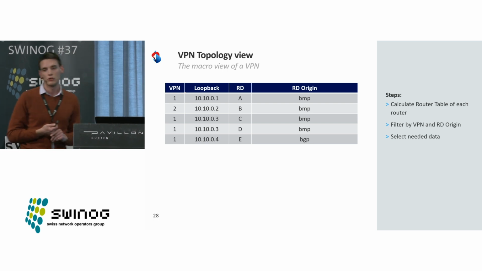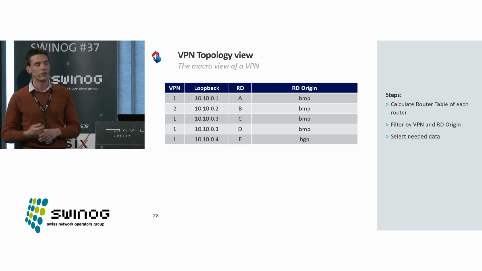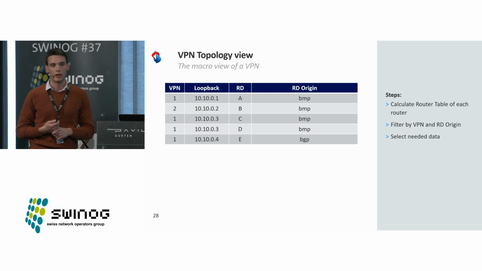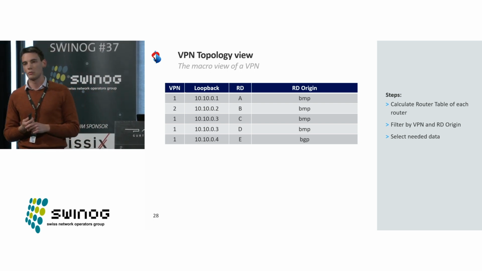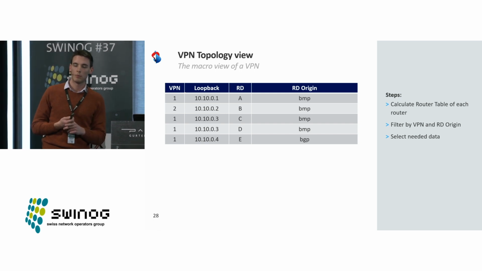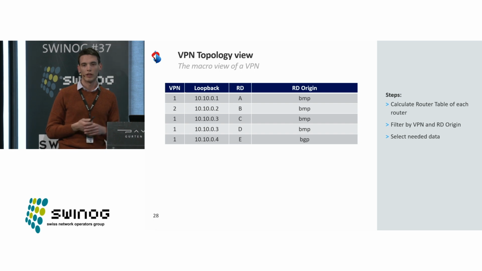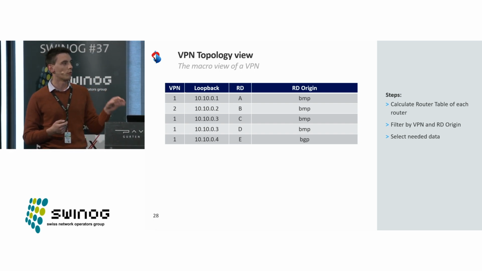RD origin basically means if it comes from the BMP per-peer header, so basically if it's the router that is sending the RD in the header, or if it comes from BGP, and BGP means that the address is basically VPNv4 addressing, so with the RD inside. And we don't really care about the P part, so the P core, so we basically remove all the BGP. We just keep the BMP part.